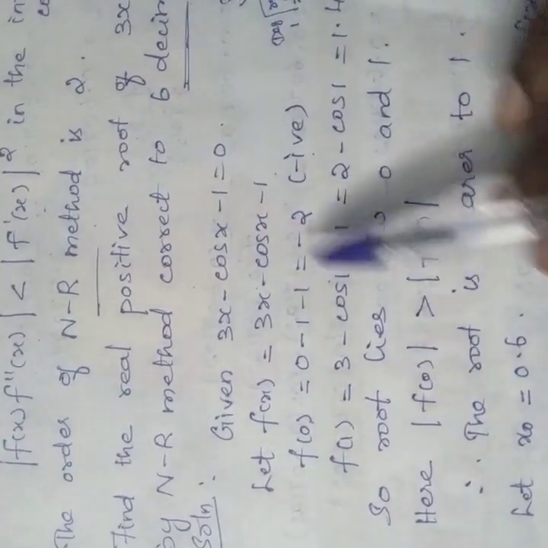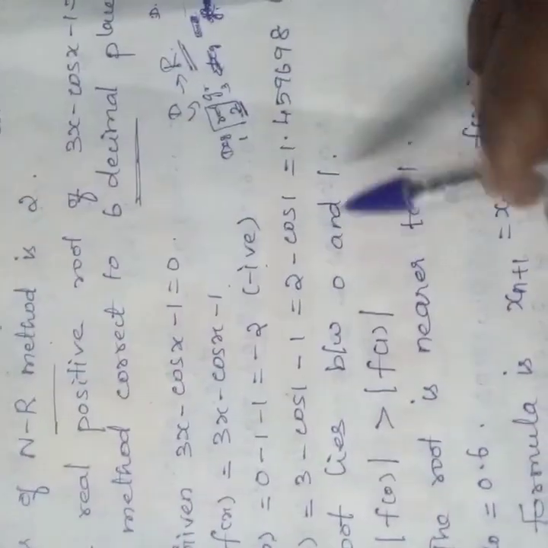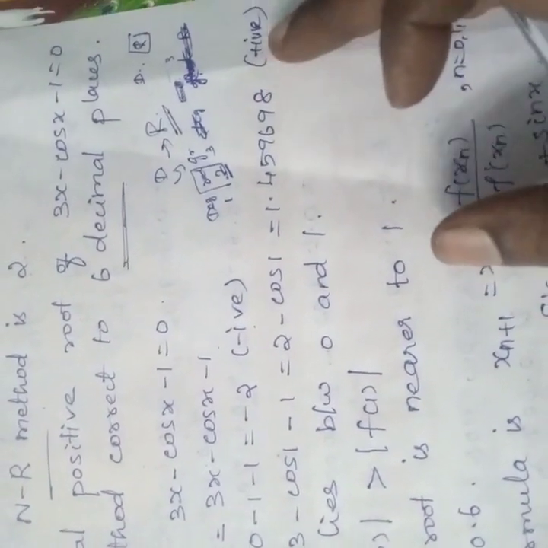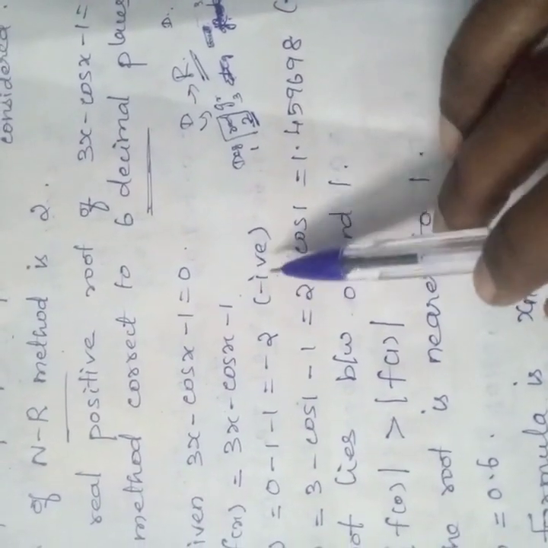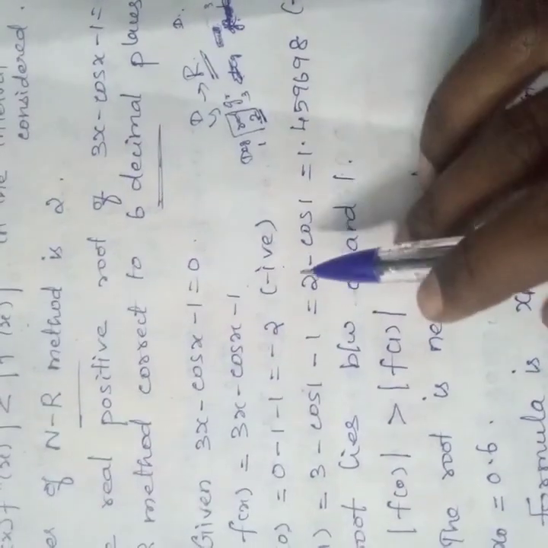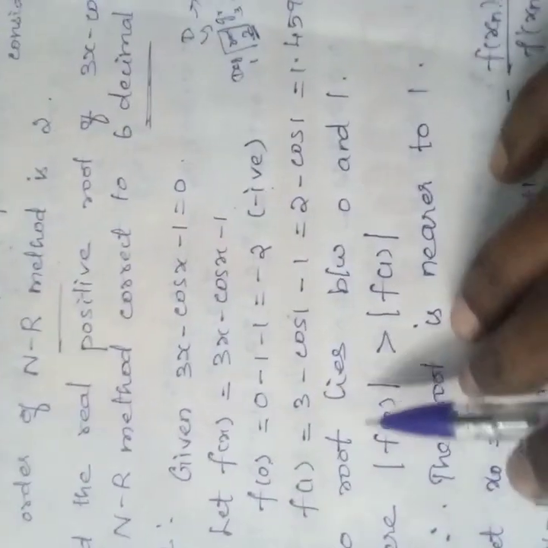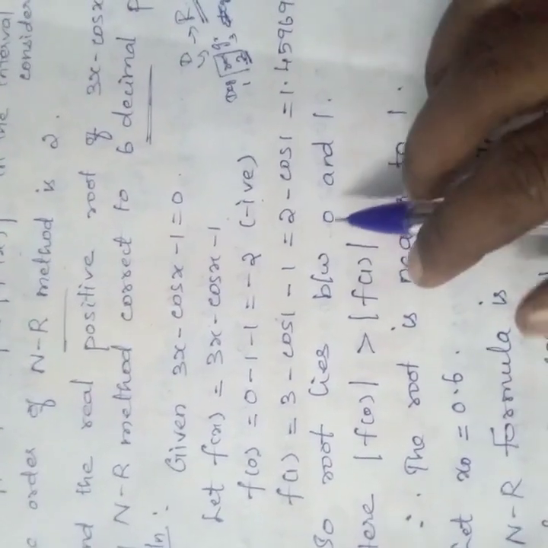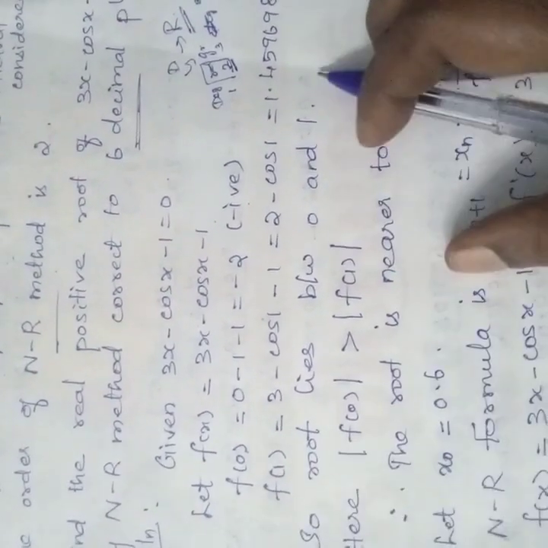So 3 minus cos 1 minus 1 is 1.459698 something, that means positive. So the signs are negative and positive, opposite signs. Therefore our root lies between 0 and 1.